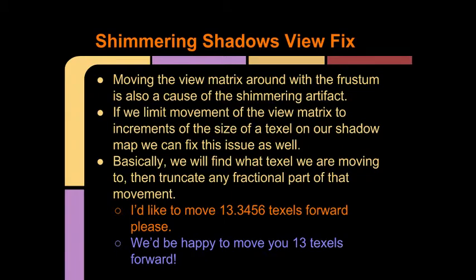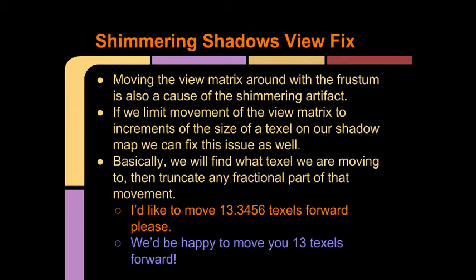Fixing the issue with the view matrix will be a bit more involved than the projection was. The issue with the view matrix translation is that we are very likely to move the matrix in a manner that results with us trying to write to non-existing partial texel locations.